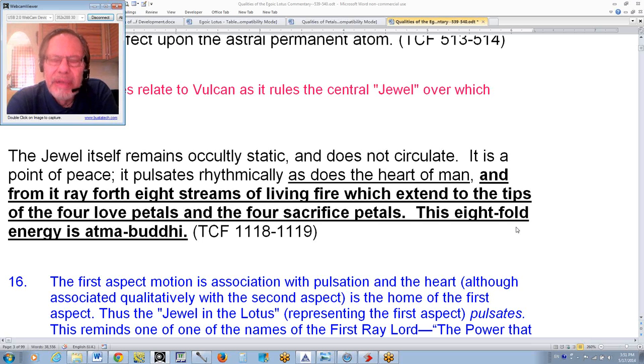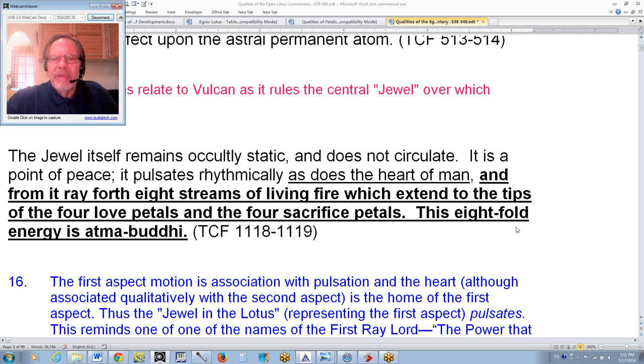It pulsates rhythmically, that's a first reaction, pulsation, as does the heart of man, which is the center of life, and thus its first ray, and second. And from it ray forth 8 streams of living fire, which extend to the tips of the 4 love petals, and the 4 sacrifice petals.